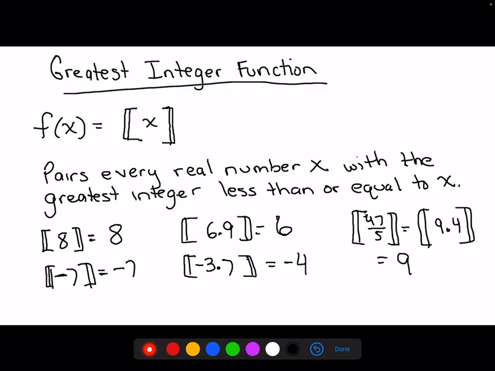All right, let's take a look at what it looks like when you go to graph this. So let's just take the standard f of x equals the greatest integer function of x.